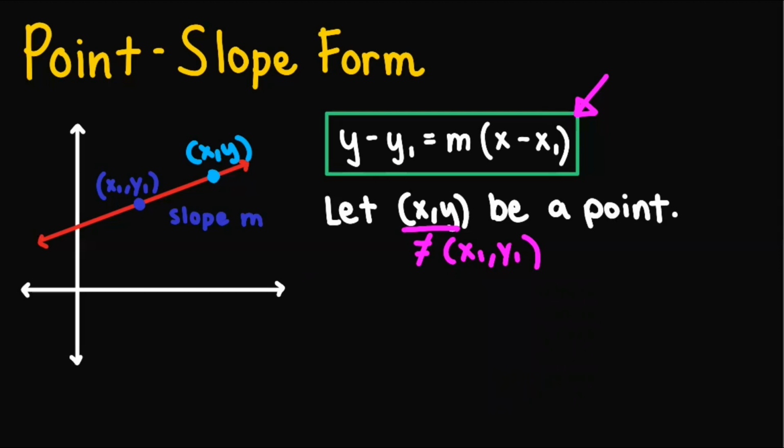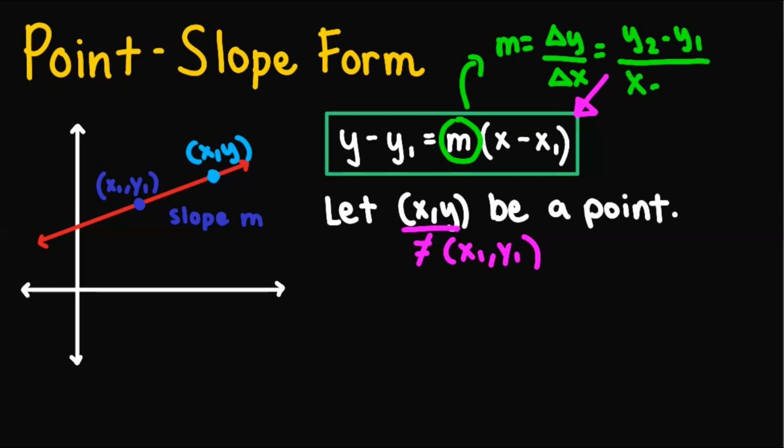Now from here, we use the slope formula. So recall that the slope is given by m equals the change in y over the change in x, which is also equal to, given 2 points, y sub 2 minus y sub 1 over x sub 2 minus x sub 1.